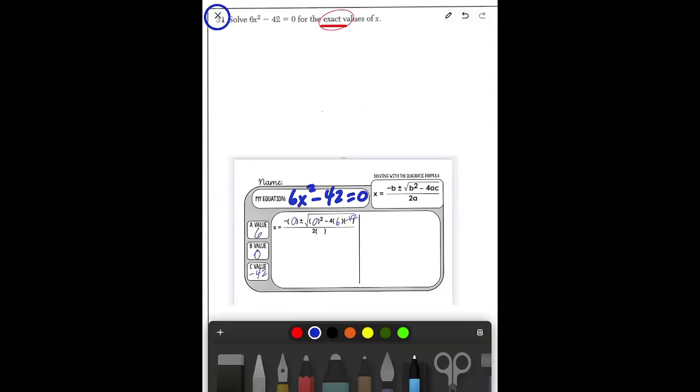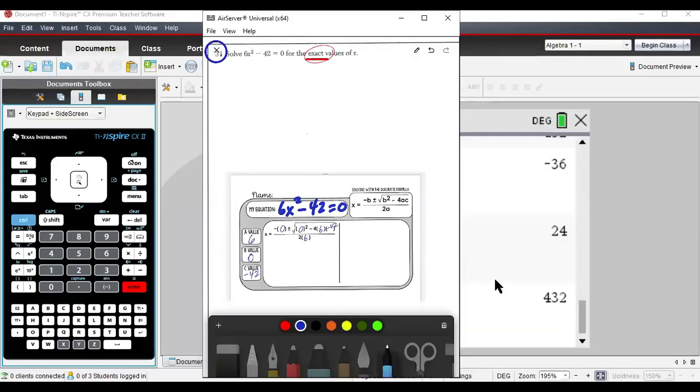Down here, the a term is 6. Now I'm going to show you what it looks like if you try to calculate this. I'm going to use the calculator.